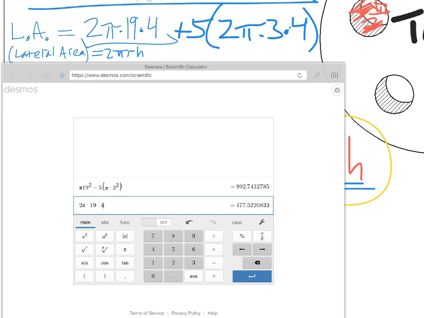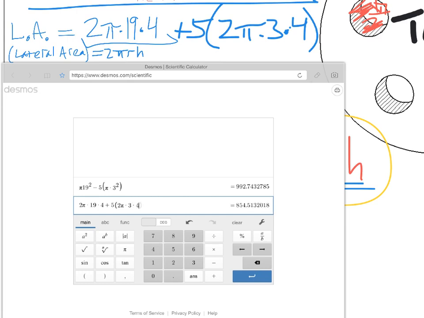And then we need to add the 5 little lateral faces, which are 2 times pi times 3 times 4. You might notice I'm not putting a times in between the 2 and pi. Scientific calculators will usually understand that that means times. All right, I think that's all there.